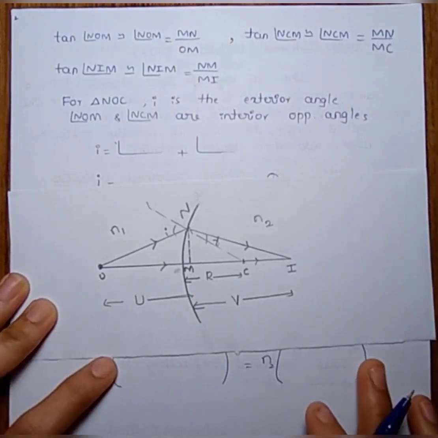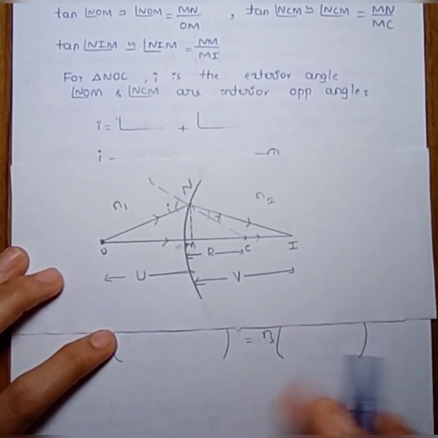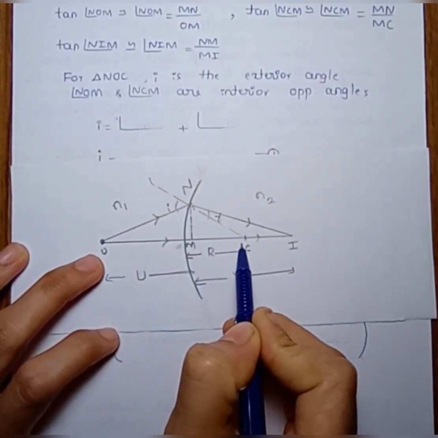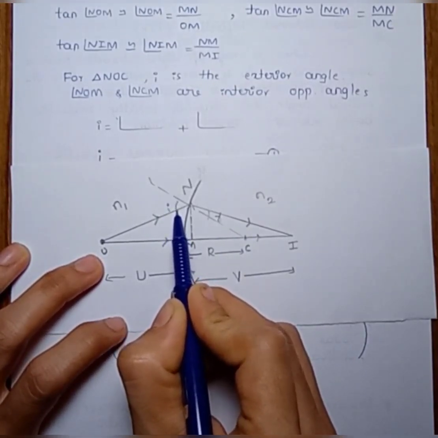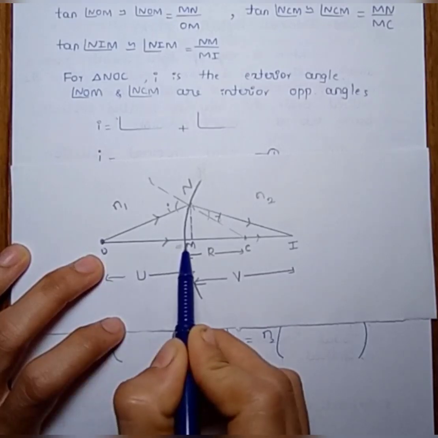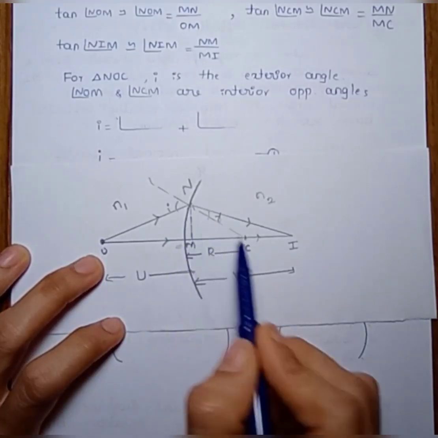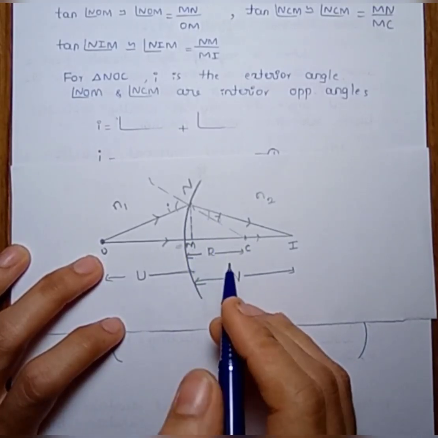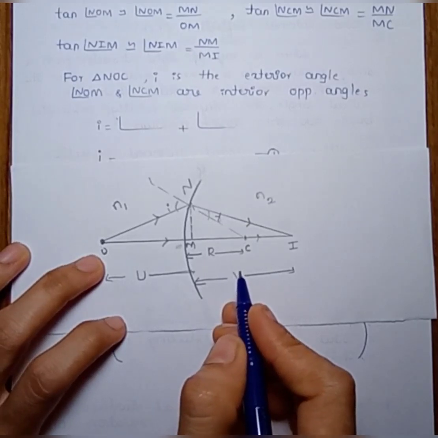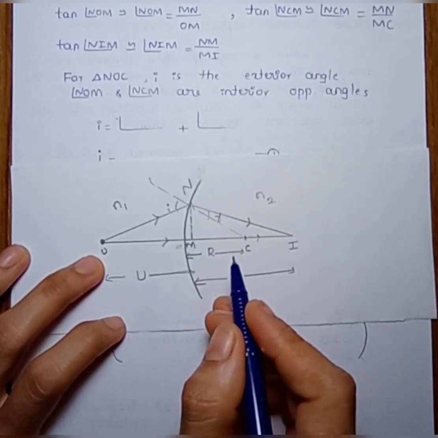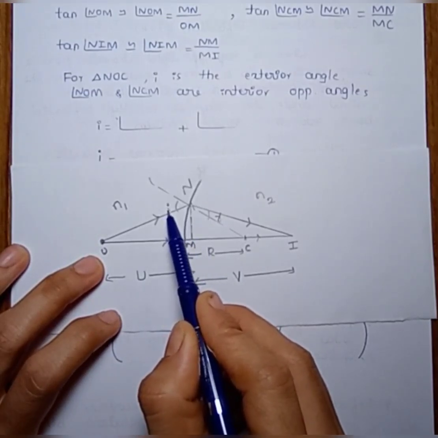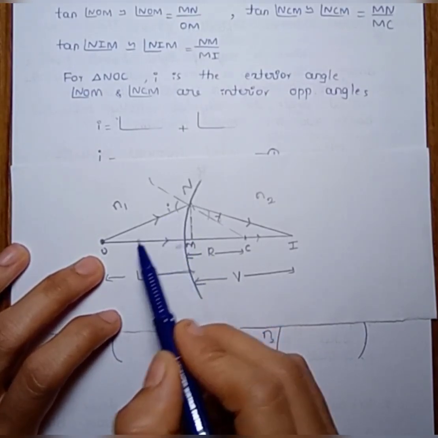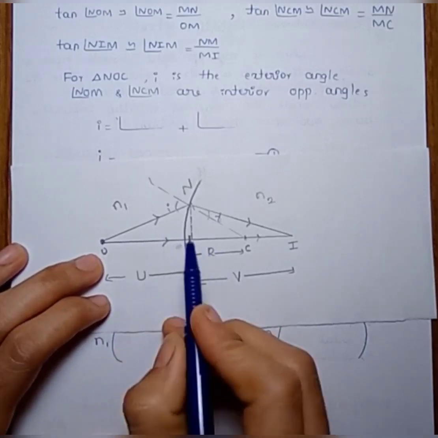Here for triangle NOC, i is the exterior angle, and NOM and NCM are interior opposite angles. By the exterior angle property, what can we write? Exterior angle is equal to the sum of interior angles.